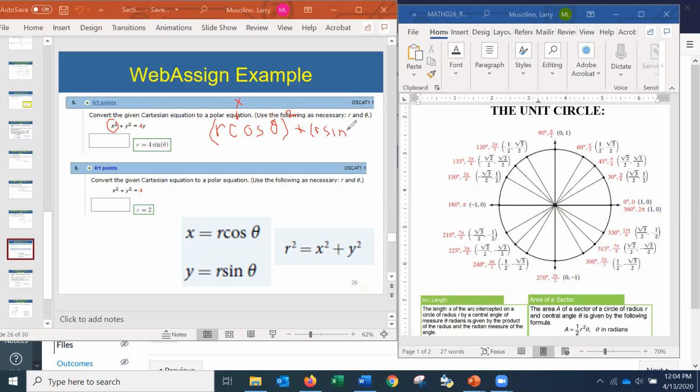I just want to show you that you could also do it this way. So you replaced x with r cosine theta, you replace y with r sine theta.